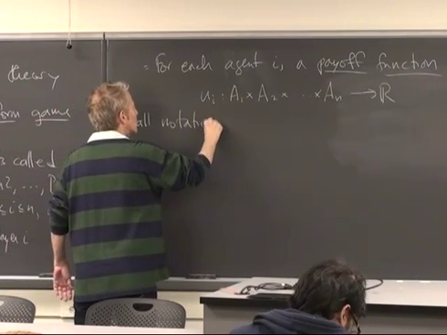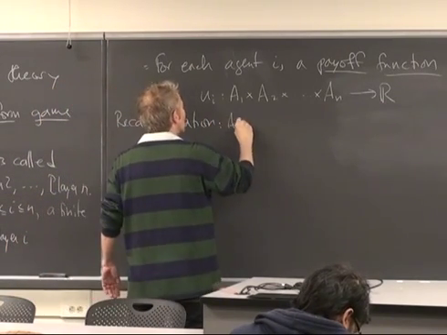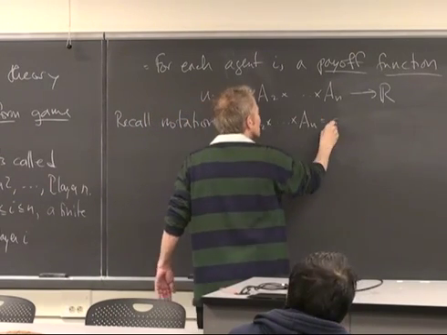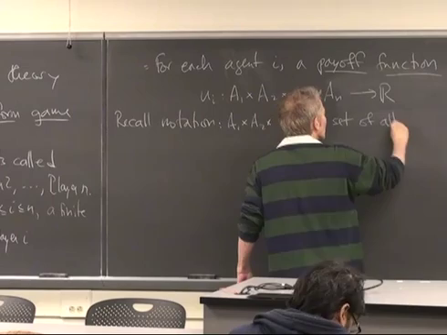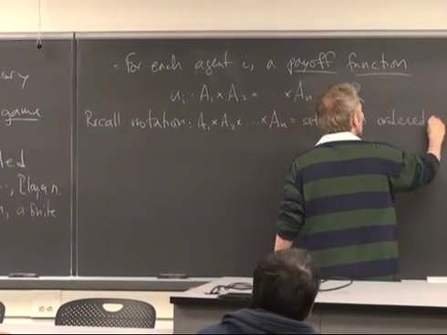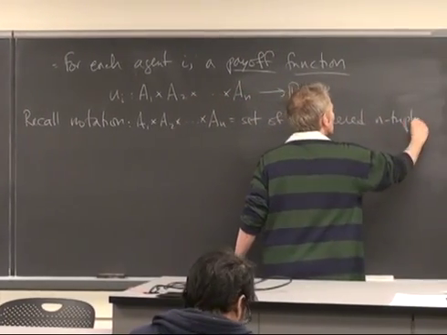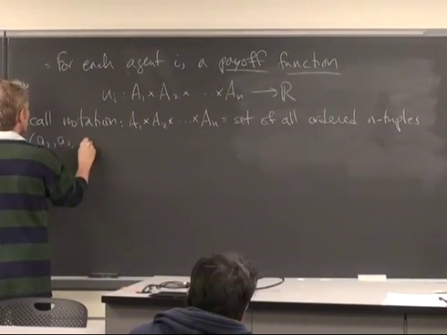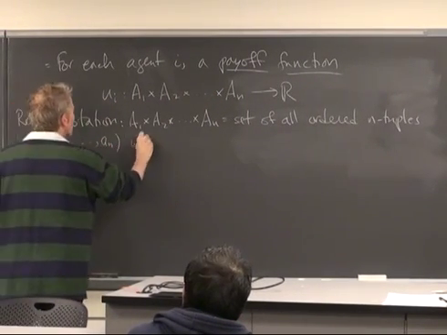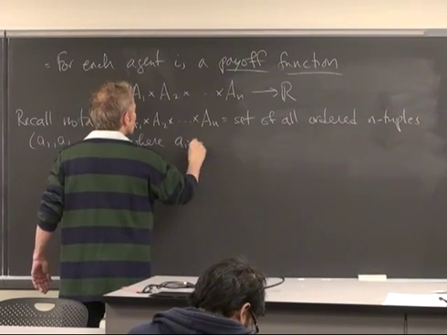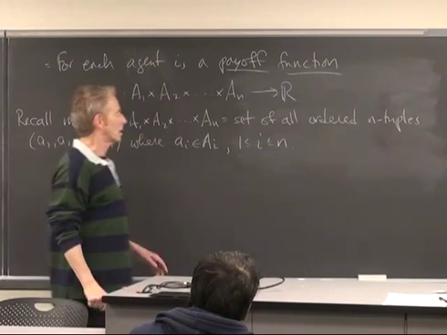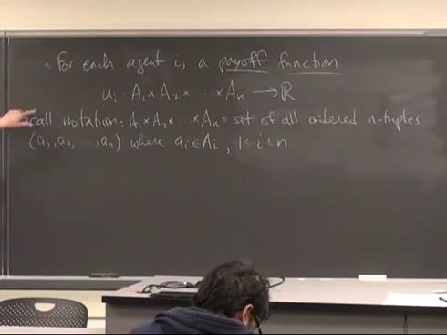A1 cross A2 cross An is the set of all ordered n-tuples a1, a2, these are little letters, up through a sub n, where a_i comes from A_i for all i. Okay? So that's what that notation means.